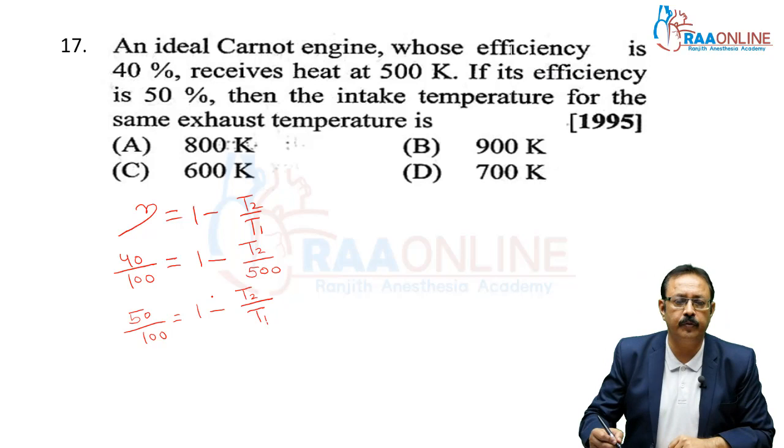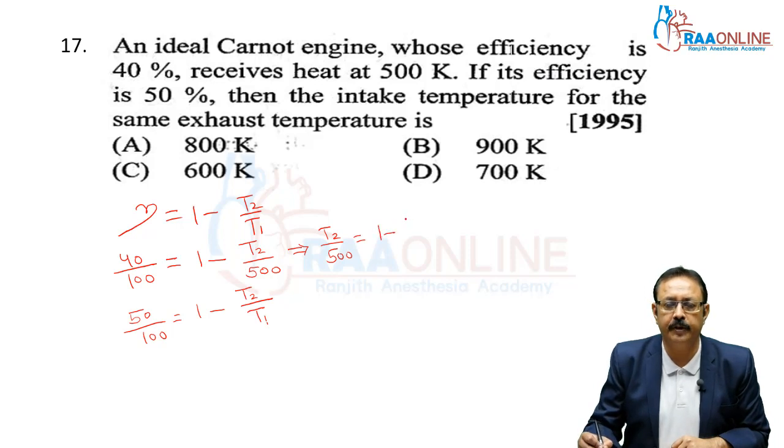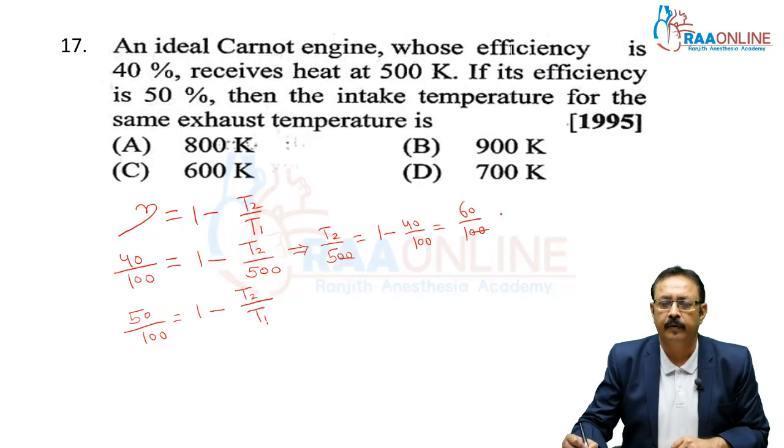So what we will do, we will calculate T2 from this first. T2 upon 500 is equal to 1 minus 40 upon 100, means 60 upon 100. Cancel 20 with 20. We are getting the temperature of sink, 60 into 5, 300 Kelvin.